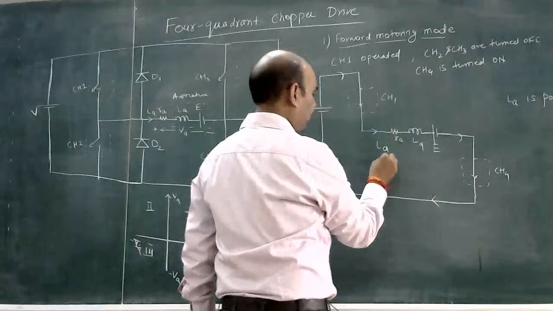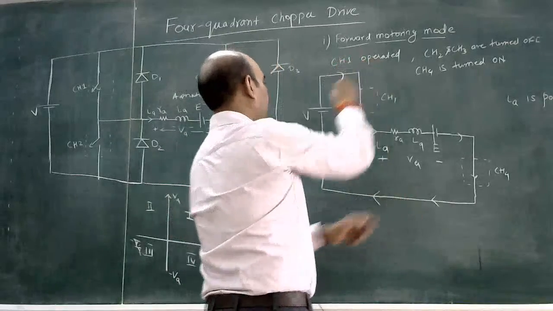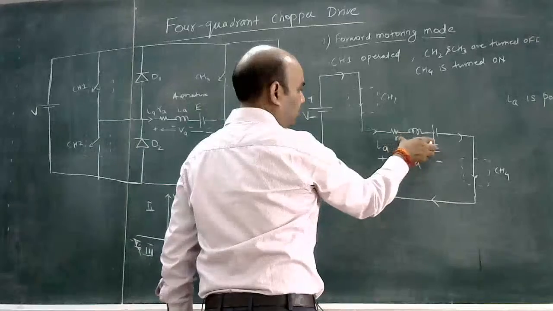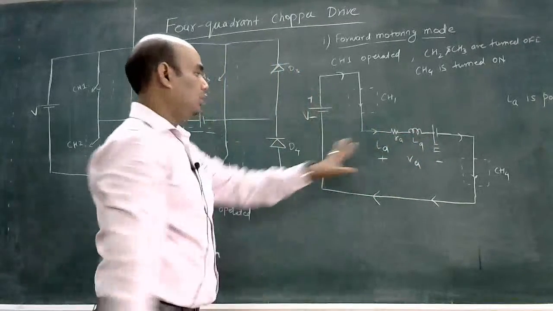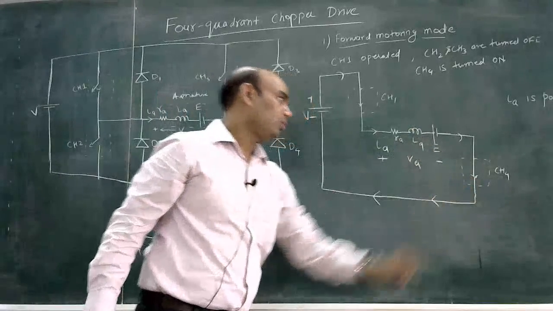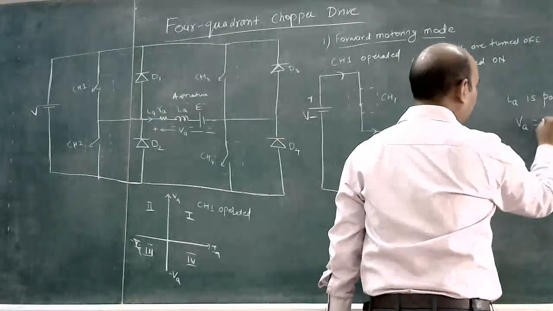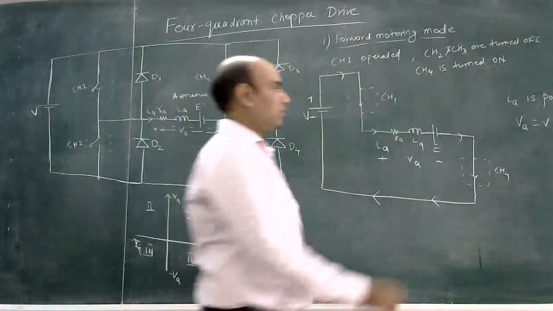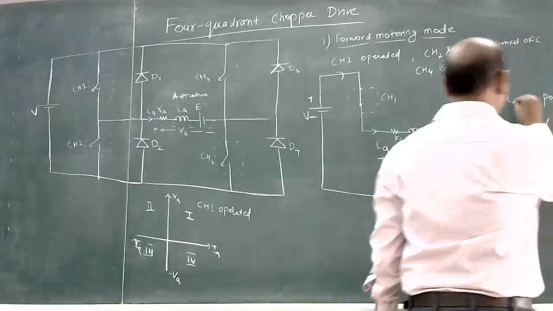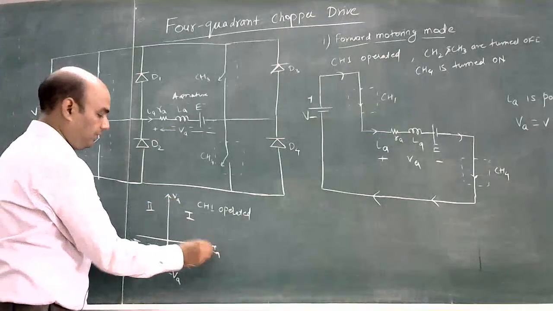The motor is connected to the source through switches CH1 and CH4, so the voltage across the armature is equal to the supply voltage V, which is positive. So IA is positive and VA is positive.